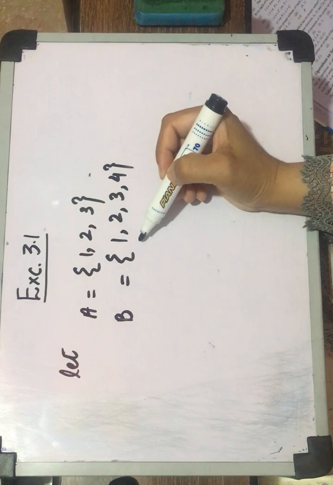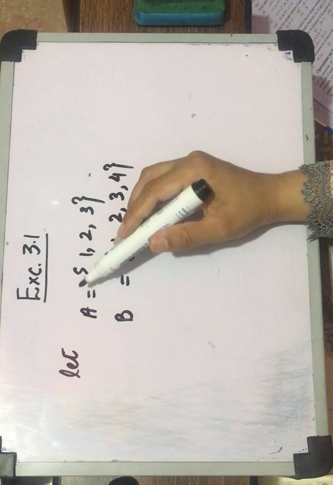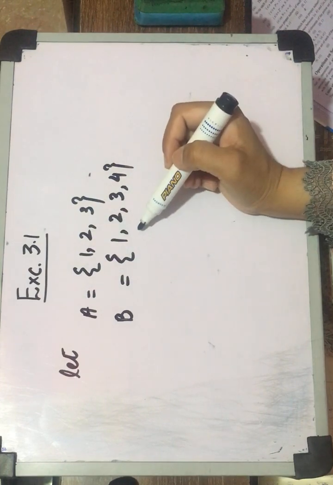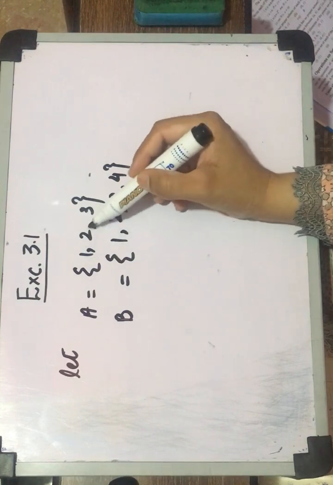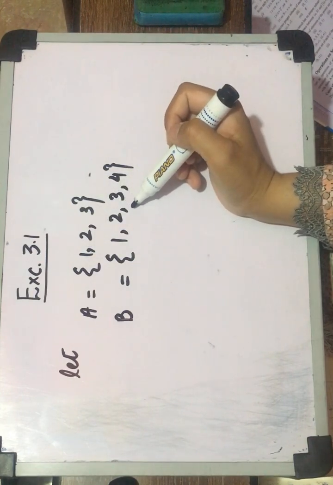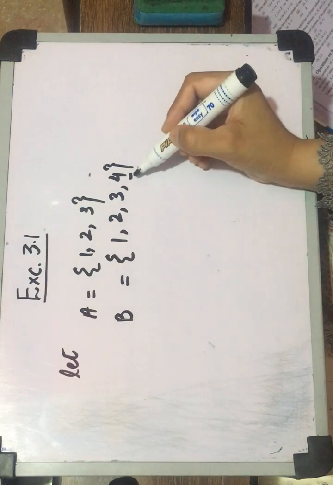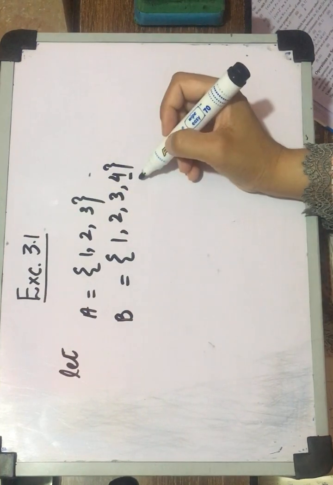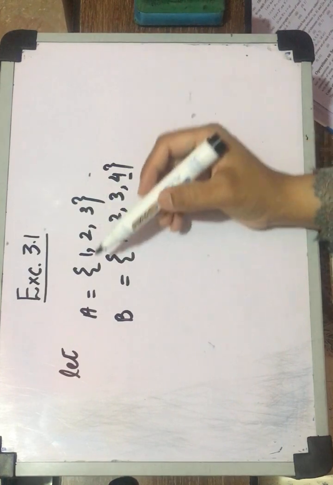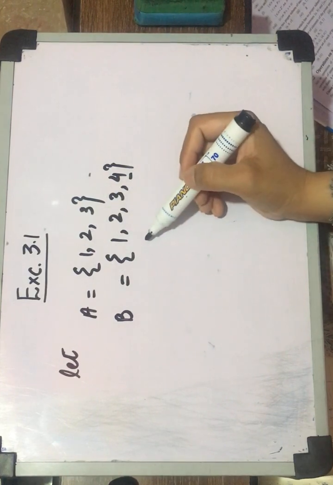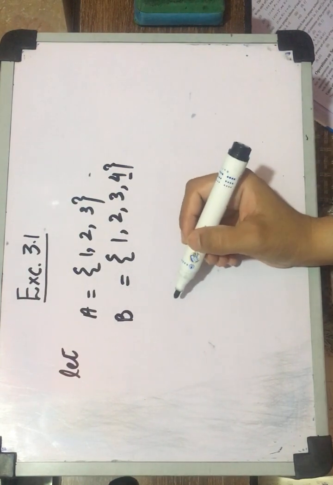If we look at both of them, then we can say that all elements of set A are contained in set B. Every element is present in set B, but there is at least one element in set B that is not contained in set A. Then we can say that A is a proper subset of B. Let's suppose we have another example.